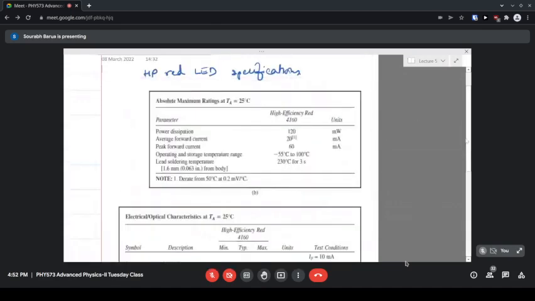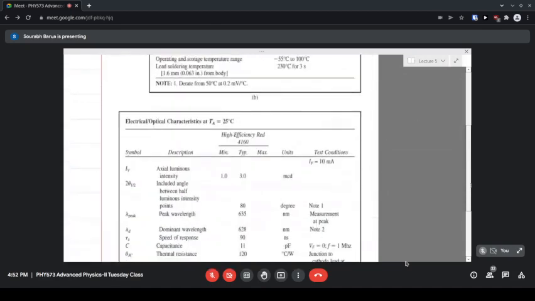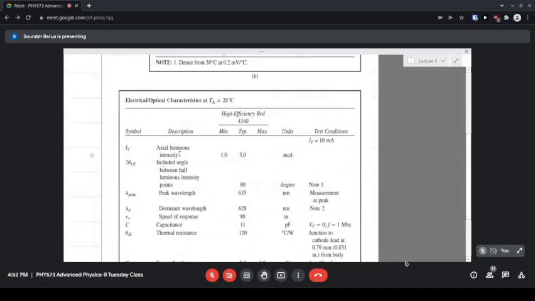There are further specifications. So this is luminous intensity, again measured in candela, here millicandela. Typically it will give you 3 millicandela, that is 3 millilumen per steradian. That will be the luminous intensity of the LED.